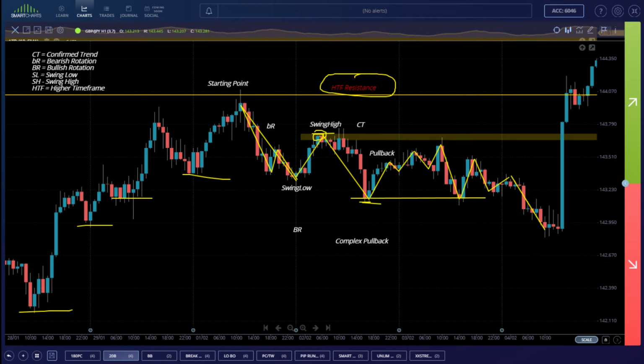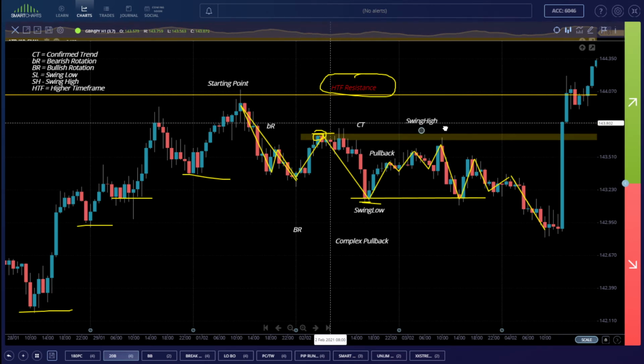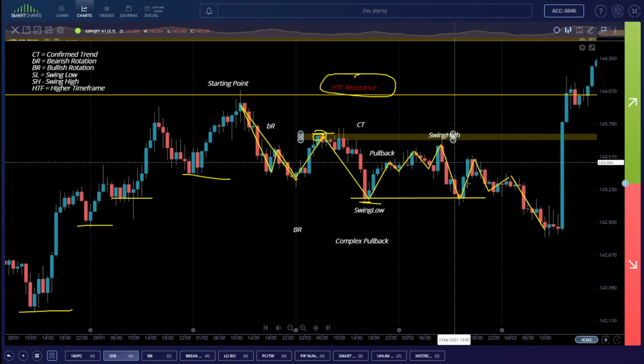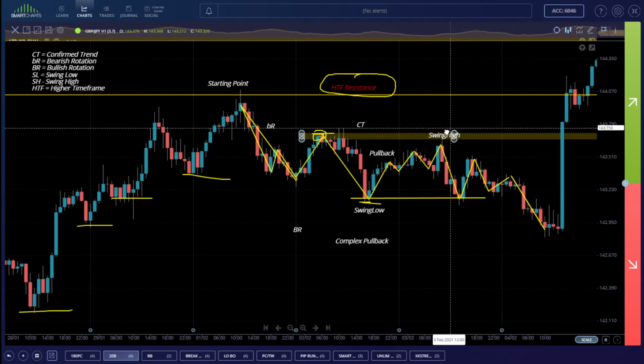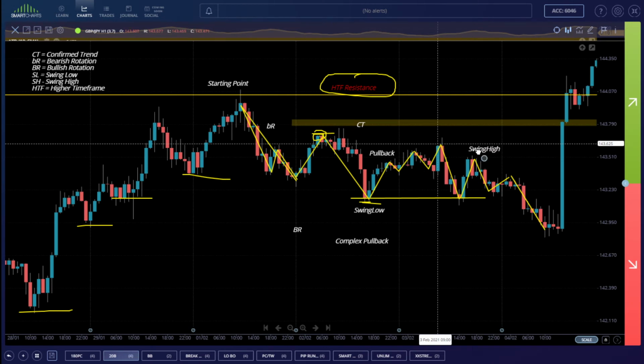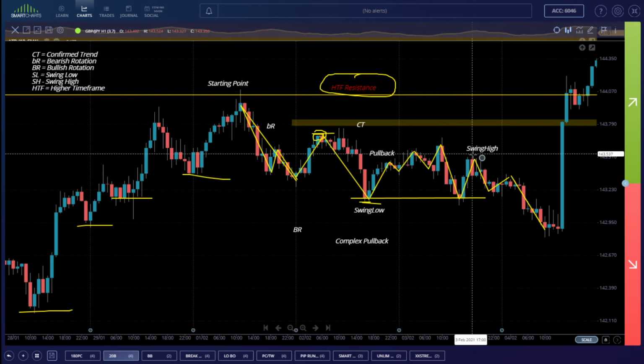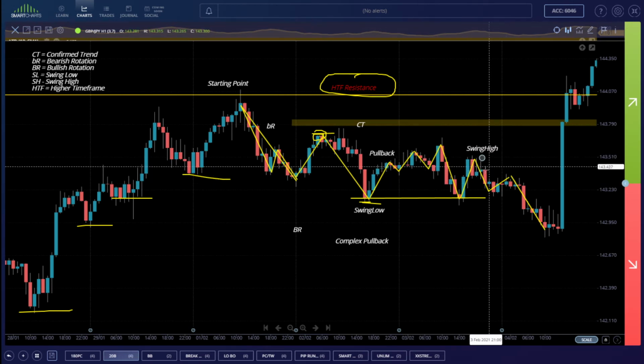Once it breaks lower, you can still map out your swing lows, your most recent swing high, and then we ranged, and then once we broke lower, where the move started from, you've got two swing highs. They're both swing highs.